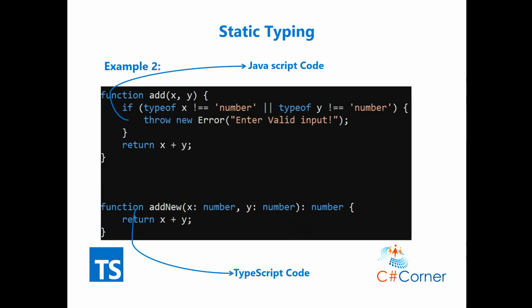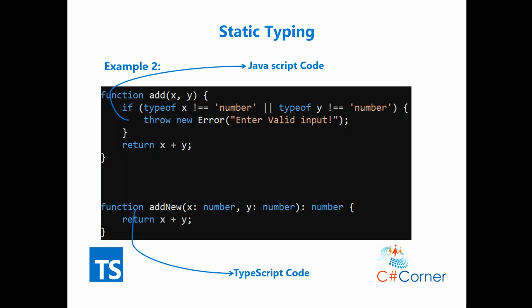Now look at the code below and see how it is simplified. This first section is plain JavaScript code. The primary responsibility of this function is to receive number variables, add them and return the result.